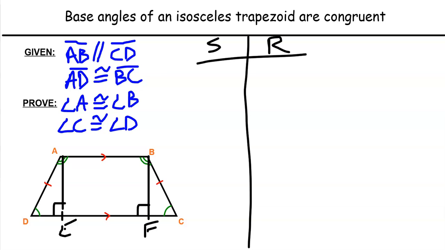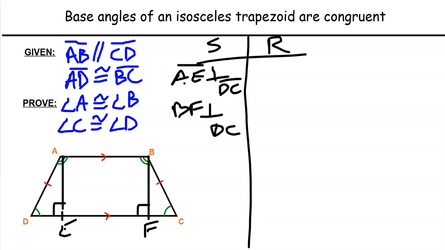And so what we're going to say here is that AE is perpendicular to DC and that BF is perpendicular to DC.